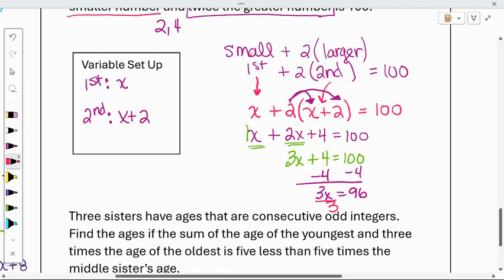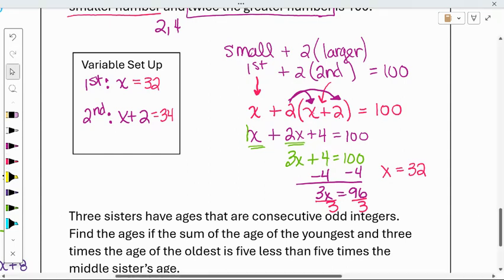Divide by 3. Good job. So x equals 32. If x equals 32, that's my first integer. What is my second integer? 34. Good job. We're not multiplying, we're adding. 34.